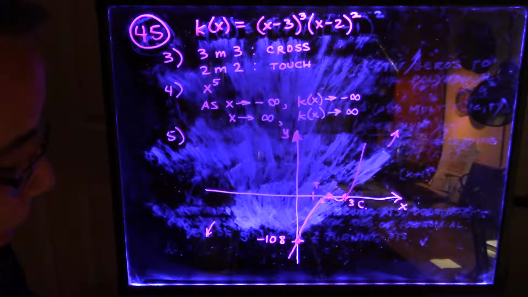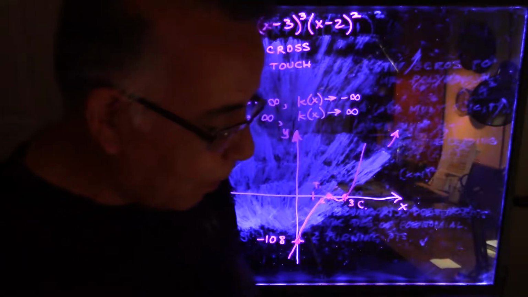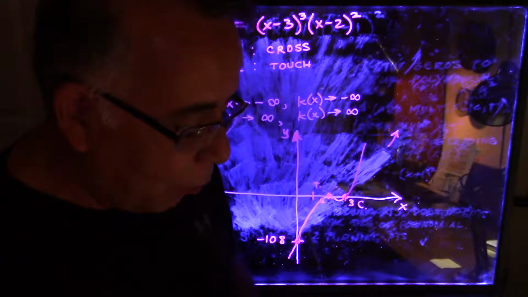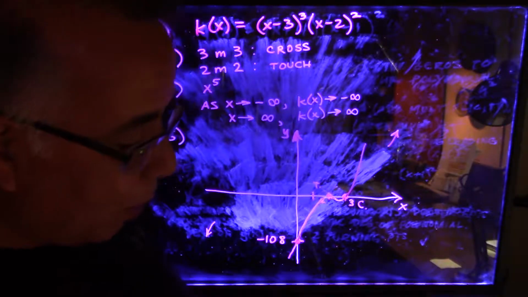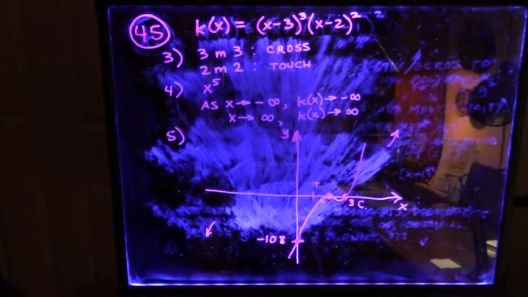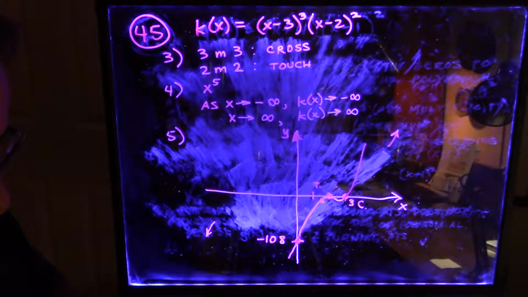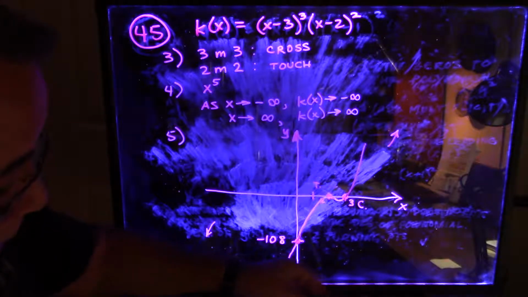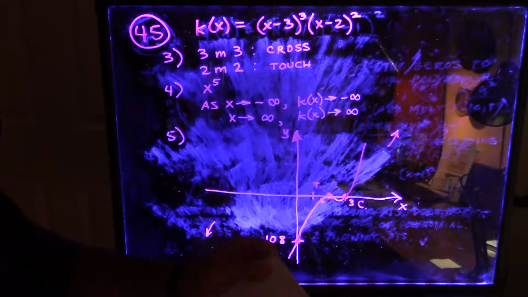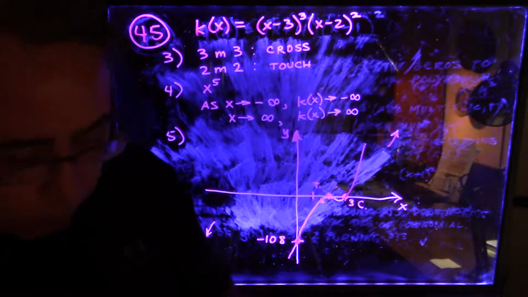Alright, so it's fine. It's okay. So now we can actually use computer technology to graph this thing. And here we go. Here's the result that I got with all the information.